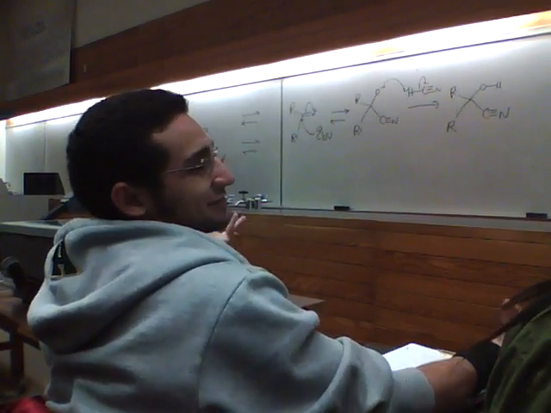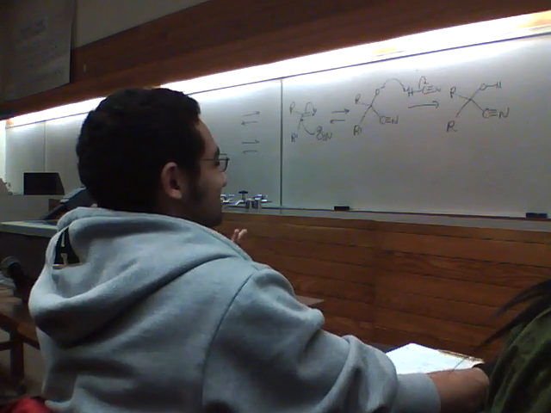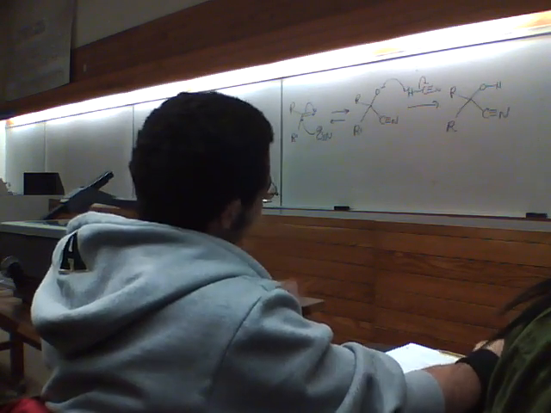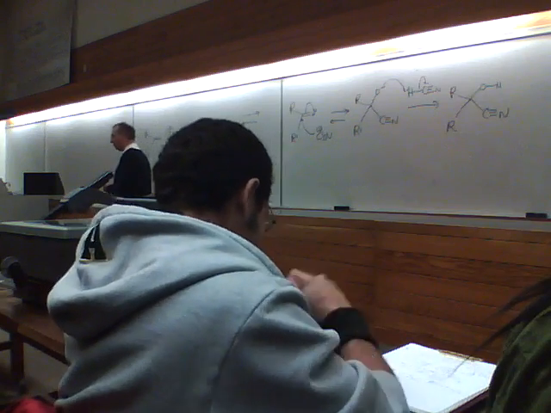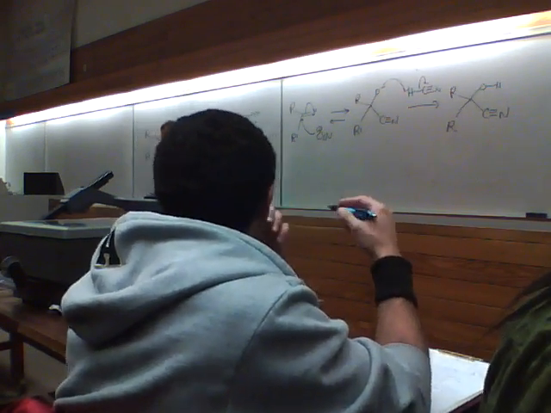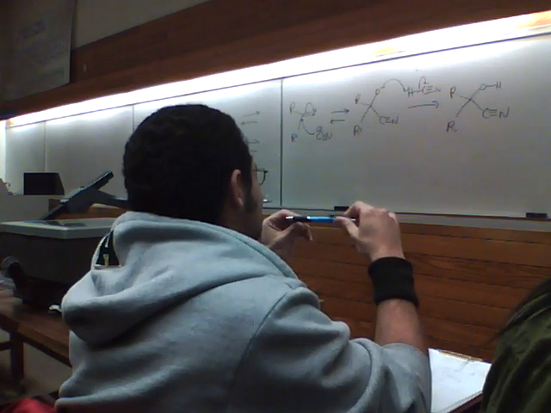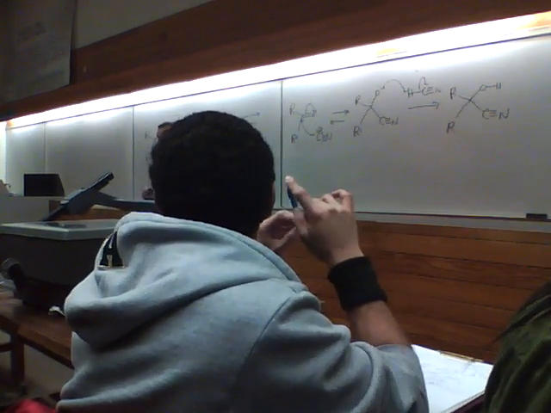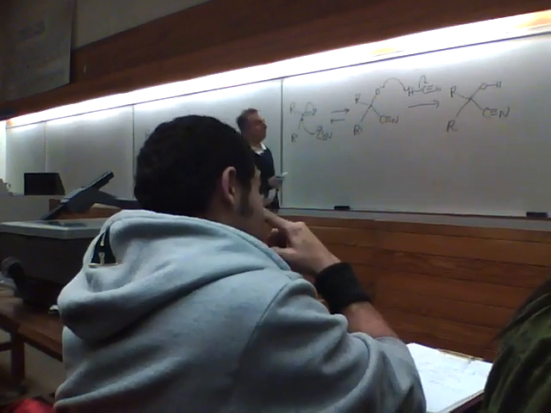Okay, so this is a cyanohydrin. Now, why is the making of cyanohydrins important? Well, the reason it's important is that these things can be converted into a number of other compounds. In particular, two of them are very important.